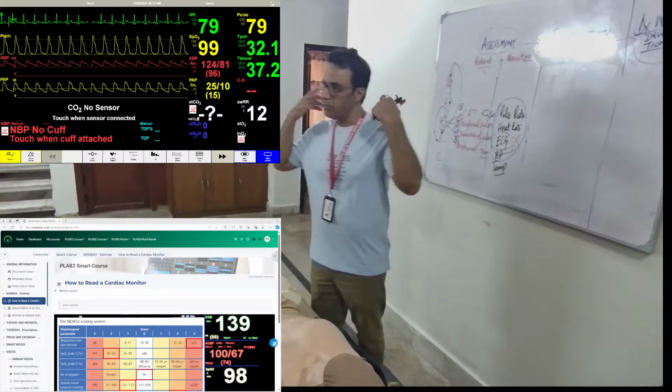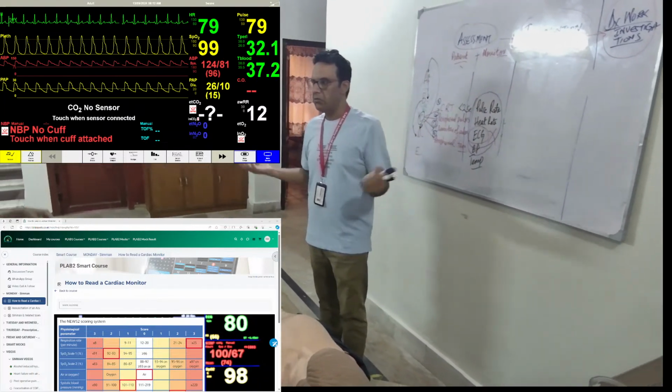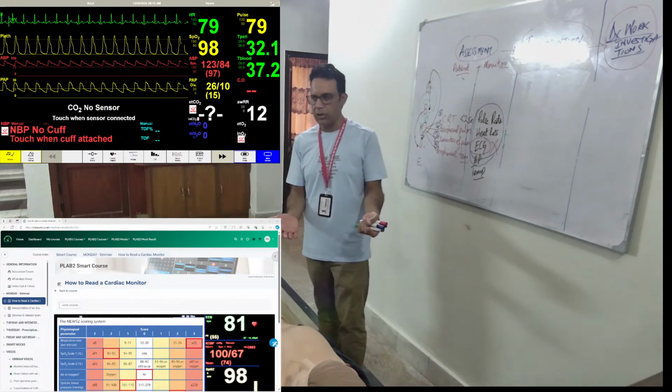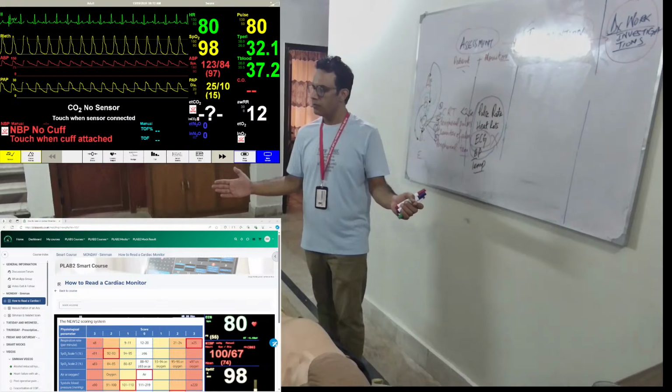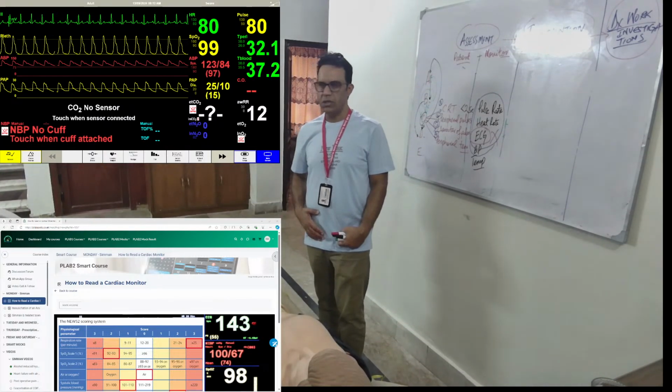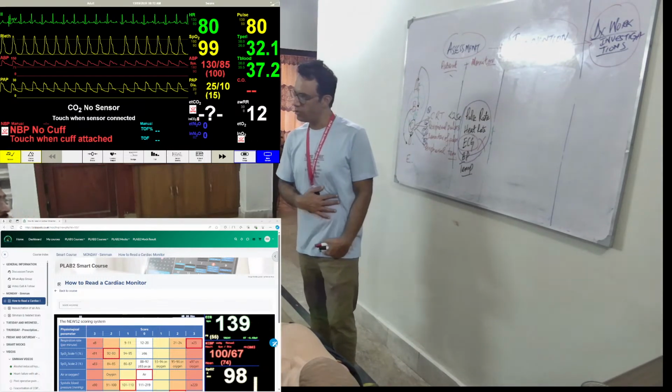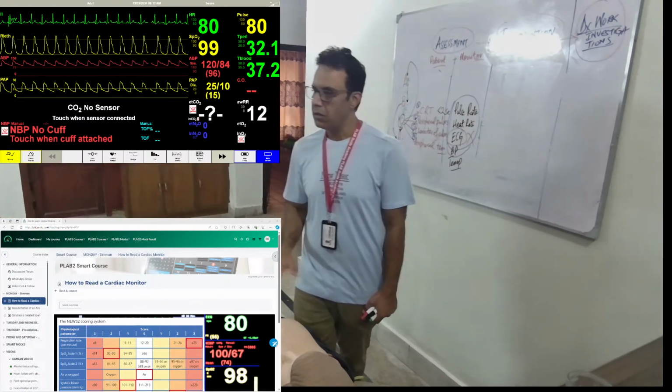Or the patient may be talking to you normally, asymptomatic, as you are just talking to him, and all of a sudden he collapses. Or all of a sudden he starts vomiting. All of a sudden he says, oh, I have severe pain.